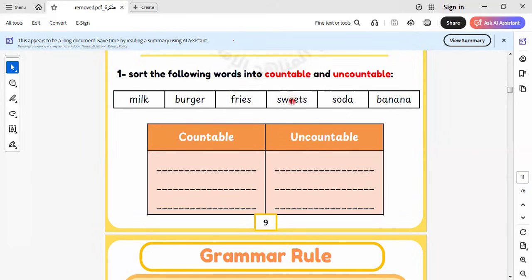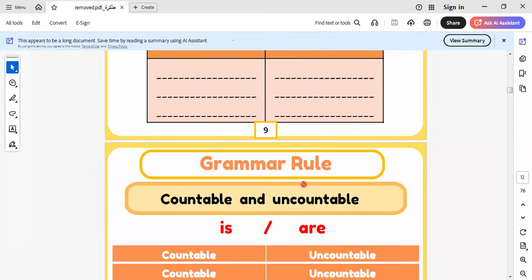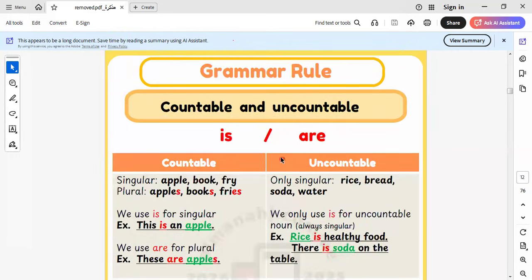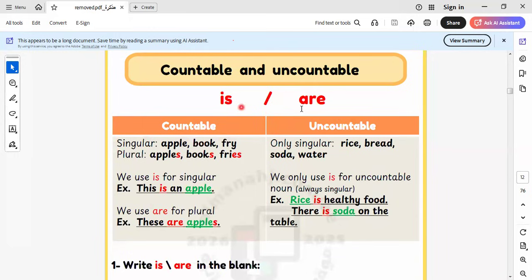Sweets here is countable. So here we have burger, sweets, and also banana, which is countable. Uncountable here would be soda, milk, and fries. These are uncountable nouns. So with countable and uncountable nouns we use is or are.